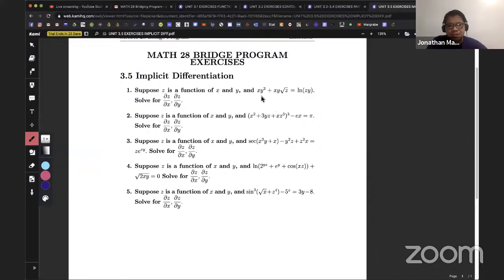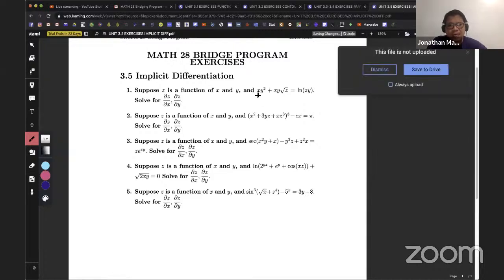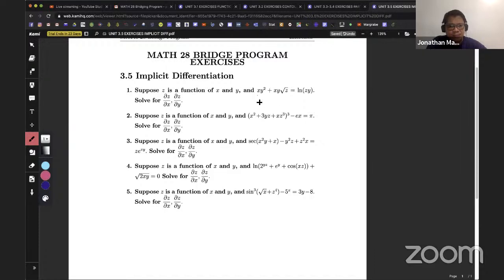Pero kung titingnan mo yung function, x plus y squared, x y squared plus xy square root of z equals ln of zy. Okay? If z is a function of x and y, dapat kapag explicit yung function, magkakaroon tayo ng ganito. Z equals f of x, y. Wherein we have some function as an expression of x and y.